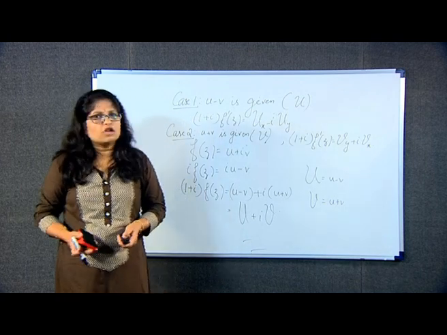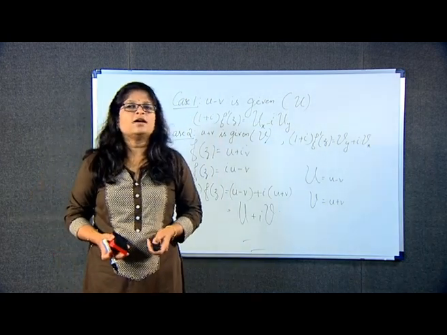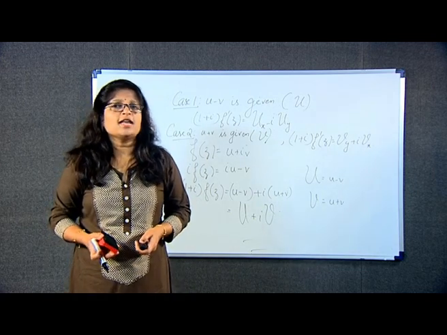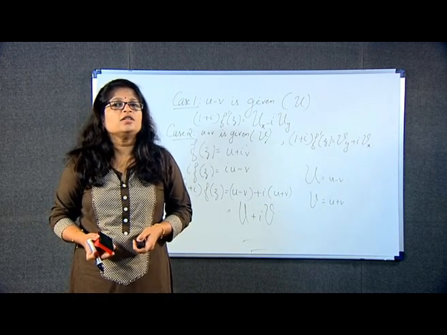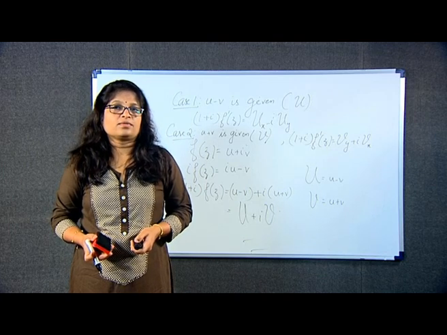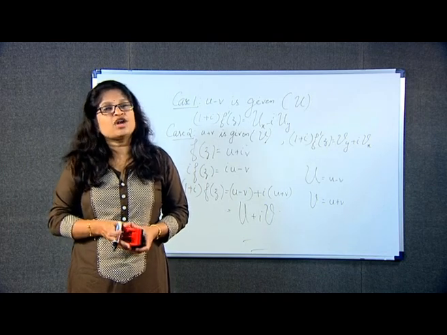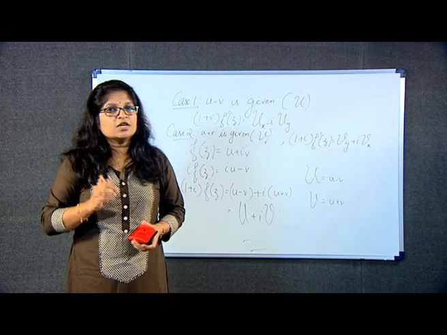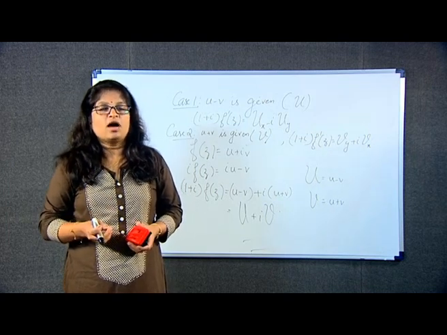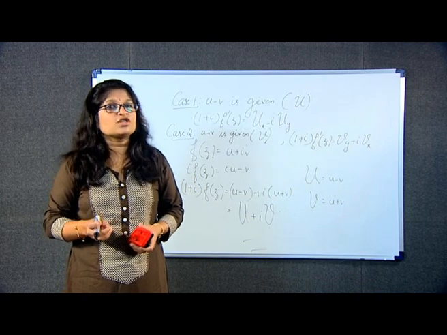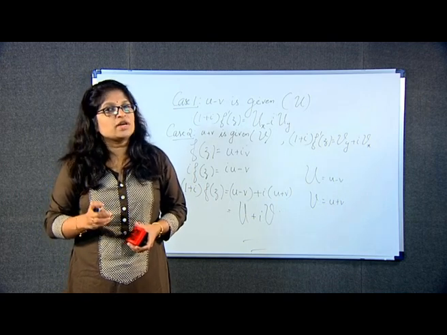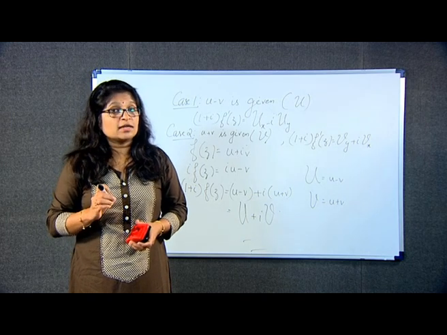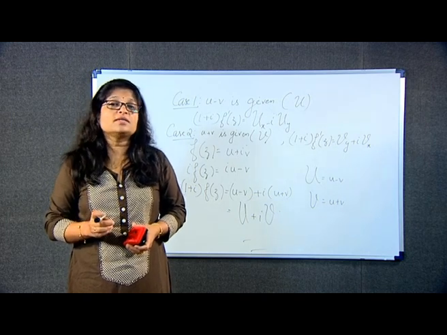See, this method can also be used if instead of u + v and u - v, any linear combination of u and v is given. So, whenever instead of u and v known to you, either u + v, u - v or else any linear combination of u and v is known to you, still you can find your f(z), whose real part is u and the imaginary part is v.